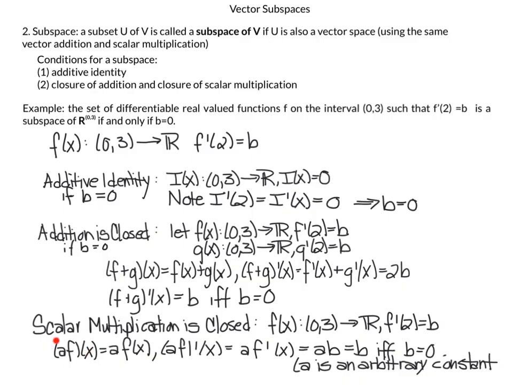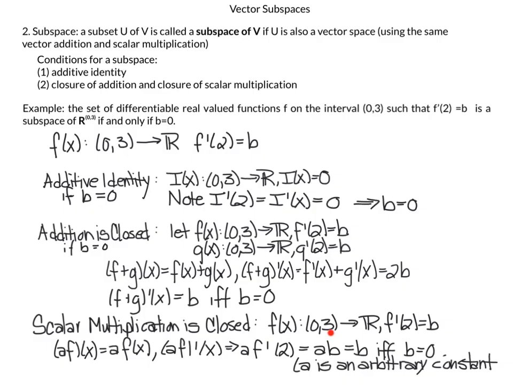Now when we multiply our function by a, so our new function af of x, when we take the derivative of af of x, we can factor out the constant a from our derivative, and so we have a f prime of x, which means the derivative at 2 is equal to a times b.